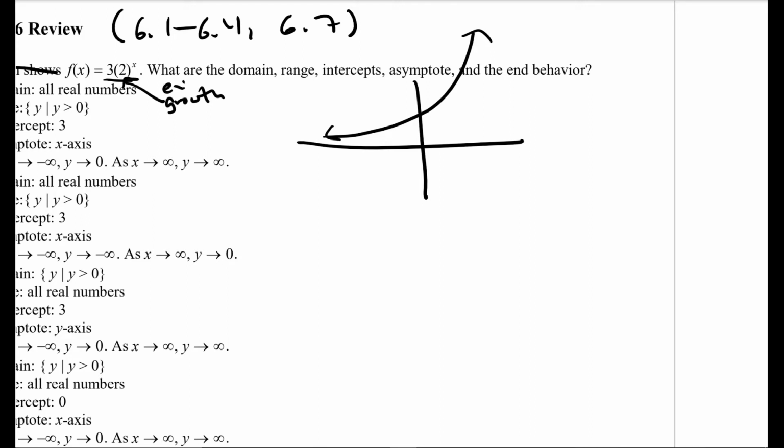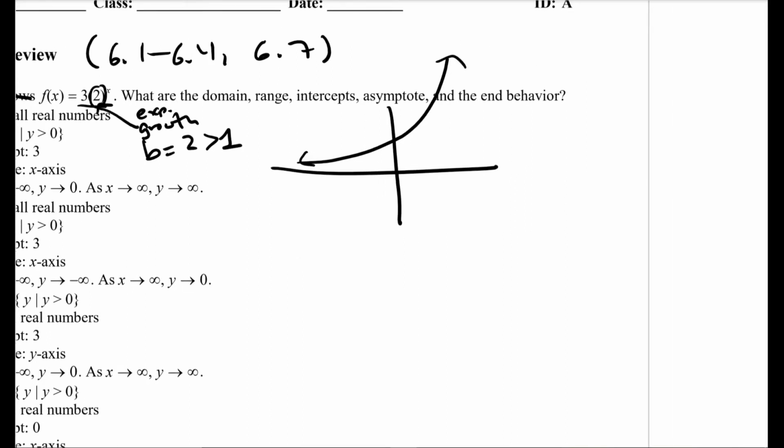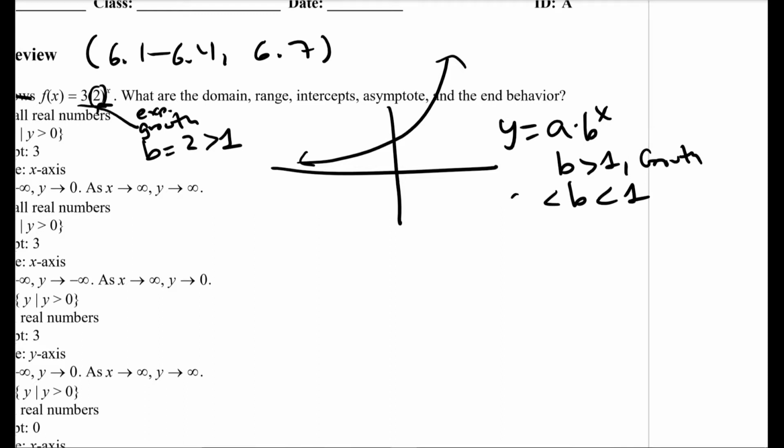This is an exponential growth because the b term here, which is equal to 2, is greater than 1. Remember the general exponential model, y equals a times b to the x: if b is greater than 1, it's growth. If b is less than 1 but greater than 0, it means a decay.